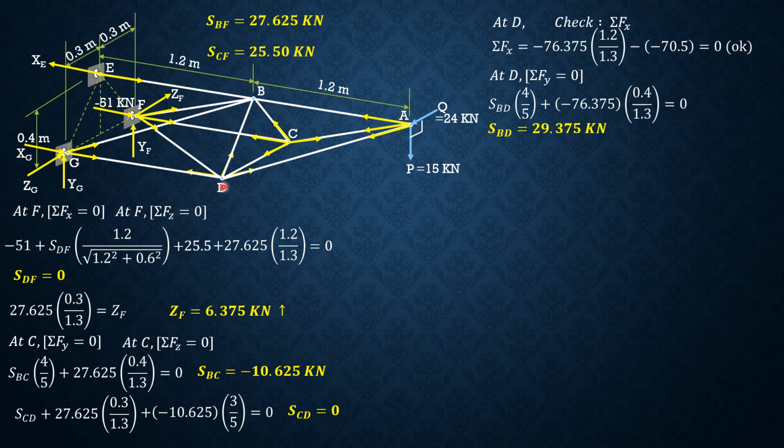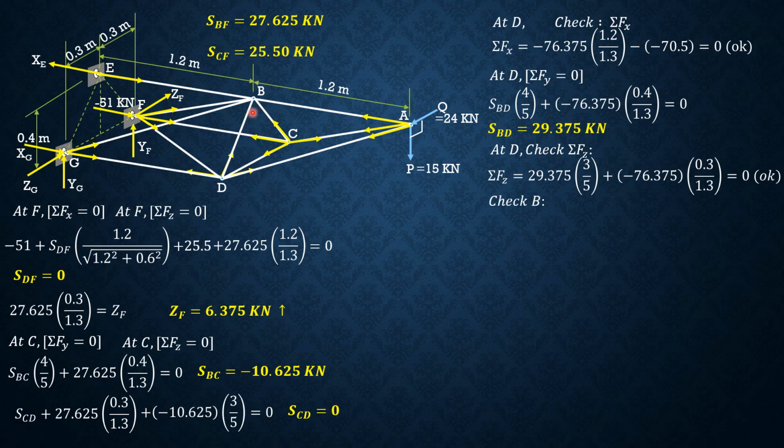Then let's check if it balances along Z. So summation forces along Z, going in the opposite or backward direction, positive. So summation forces Z equals 0, 29.375 times 3 over 5 plus negative 76.375 times 0.3 over 1.3, and the result is 0. So it is in equilibrium along Z also, joint D.